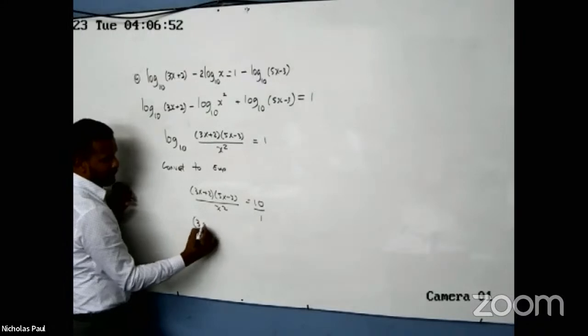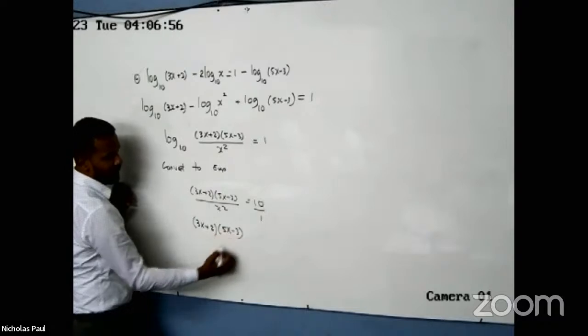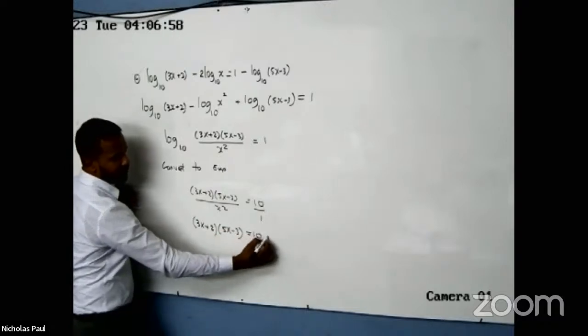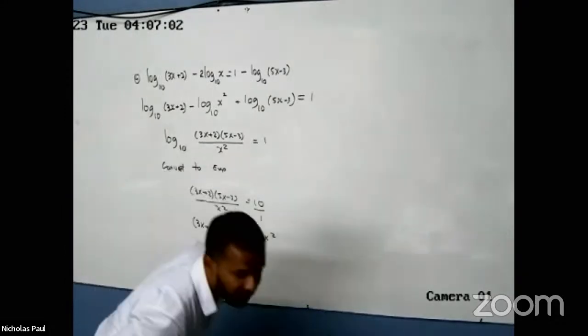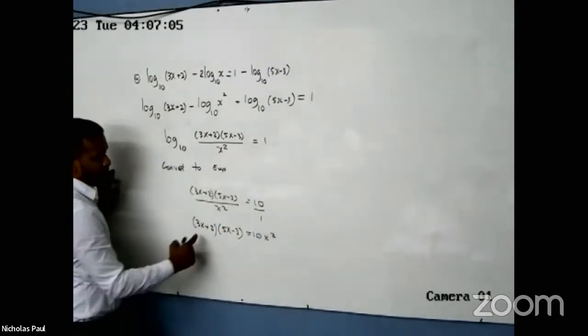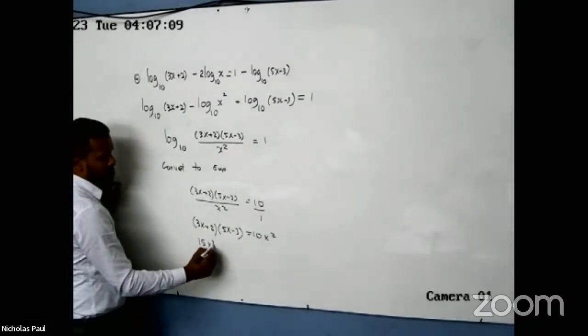So I'll end up with 3x plus 2 by 5x minus 3 is equal to 10x squared. This should be a little bit nicer to simplify, right? So multiply this out, and we'll end up with 15x squared.